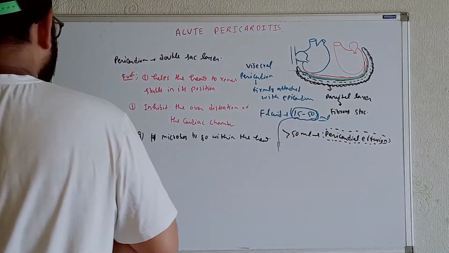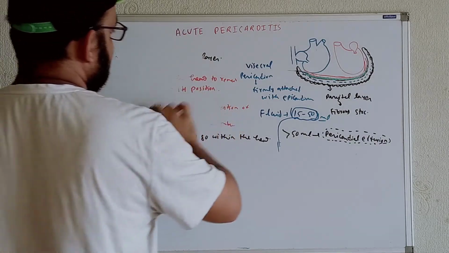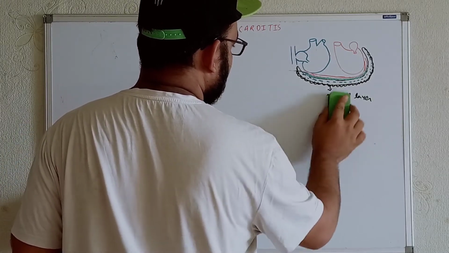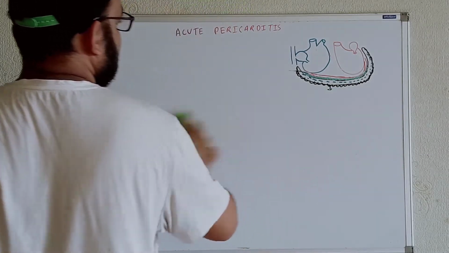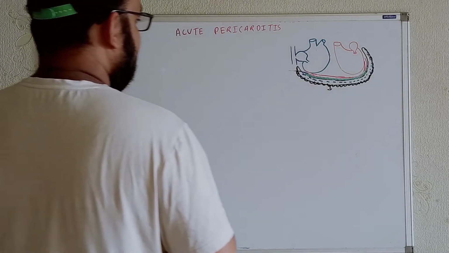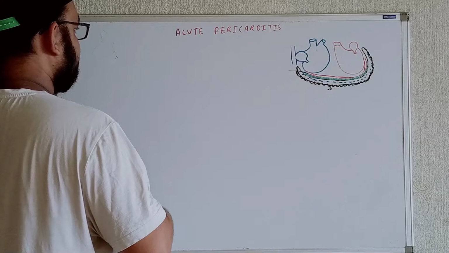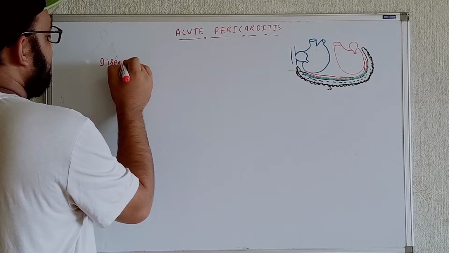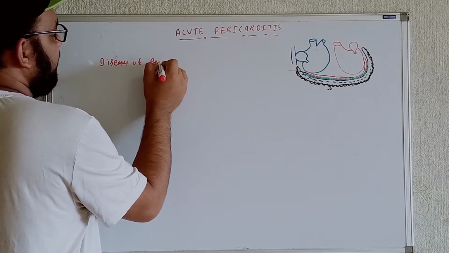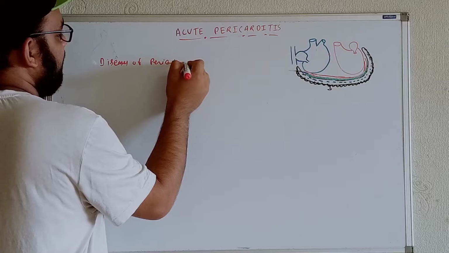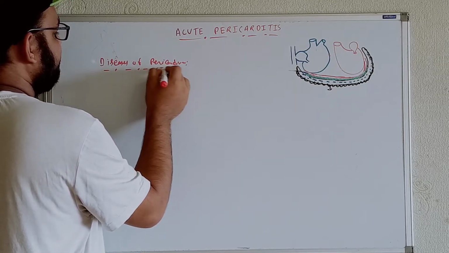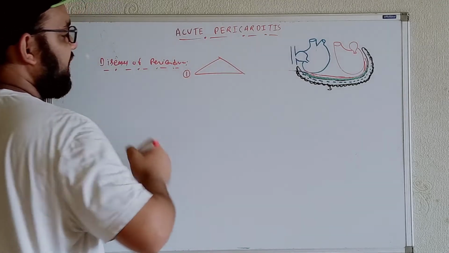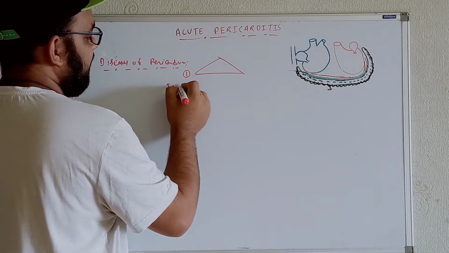Now we'll talk about the diseases of the pericardium, what diseases we'll get, and the classifications. If I make a triad over here, you can get pericardial inflammation.